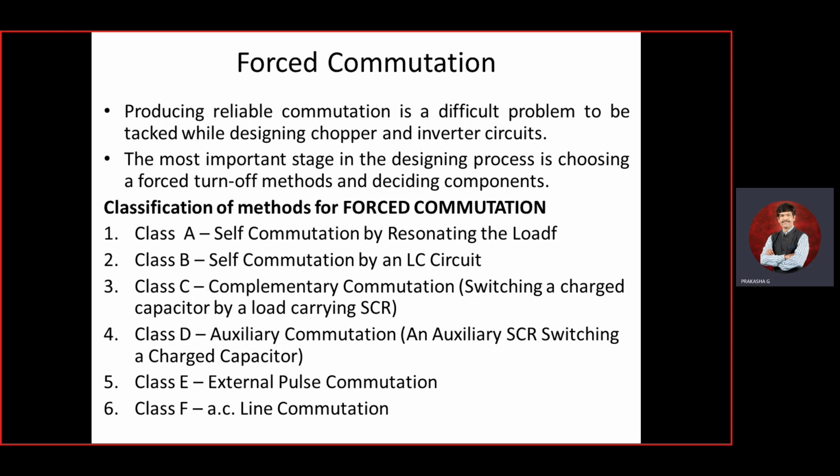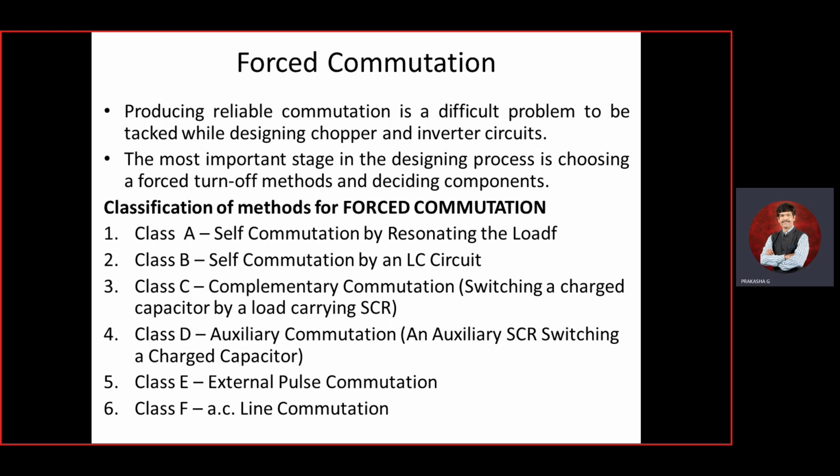That's what they have told in the first statement itself. Either you can use the inductor or capacitor or a combination of LC for forced commutation to turn off your thyristor. To turn off your thyristor, either you can use the load or you can use the LC circuit. Other things, just for the information, I have noted down.